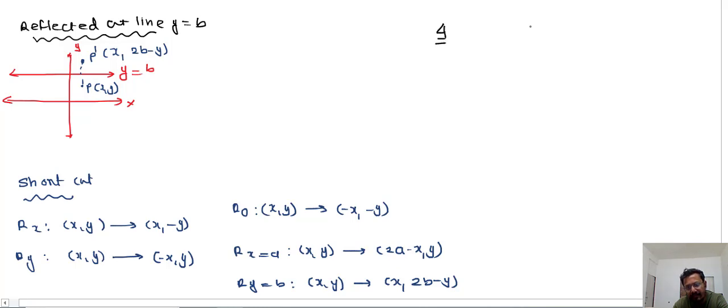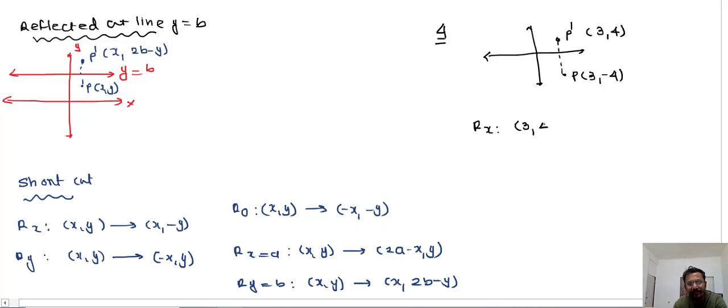So it becomes P dash, and it will be (3, 4). When you do the reflection about the x-axis, (3, minus 4) becomes (3, 4). The sign of the y coordinate is going to change.